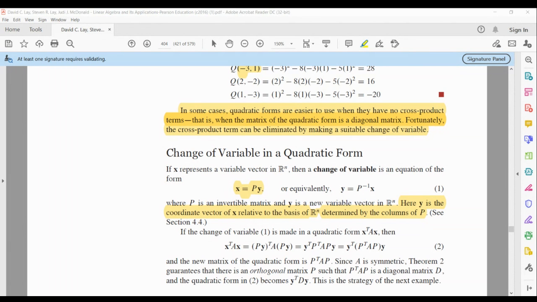I'll give you a very easy example of this. If you had the vector 2, 1, let's say that's your vector x.